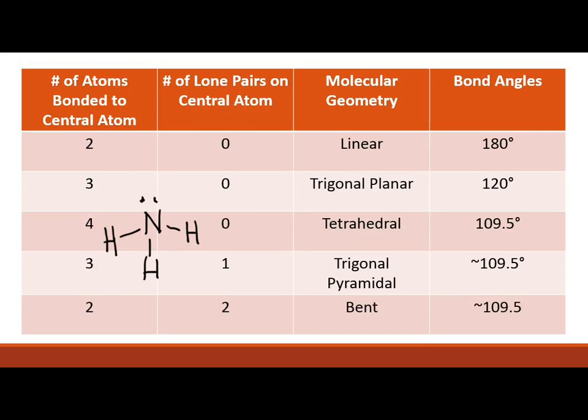So in order to do this, once you've drawn the Lewis dot structure, you'd look at the central atom, in this case the nitrogen, and you would say, okay, this nitrogen has 1, 2, 3 atoms around it. So in this column of the table, you see that it has 3 atoms around it, and it has 1 lone pair. And notice that it's lone pairs on the central atom. Okay, we only care about what's on the central atom. We don't care if there's lone pairs on those outer atoms.